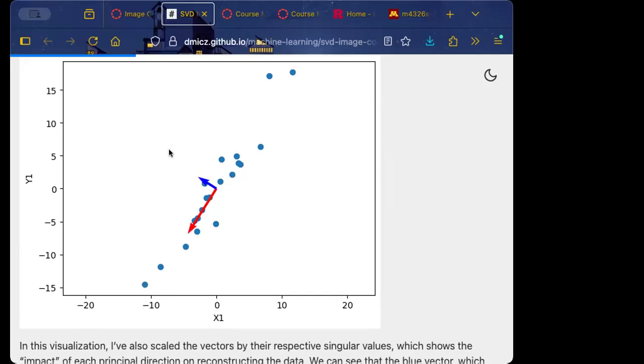So the eigenvector with the larger singular value is the one with more variance, not to be super precise with statistics terminology. There's more change in the values of the data points in the direction of the largest singular value.